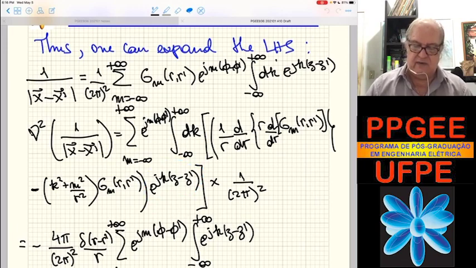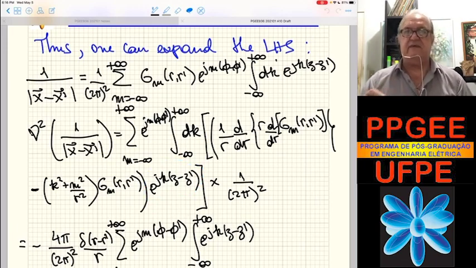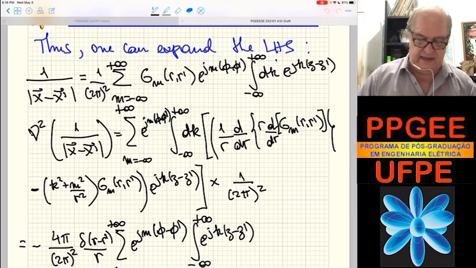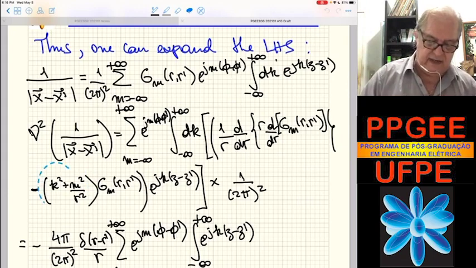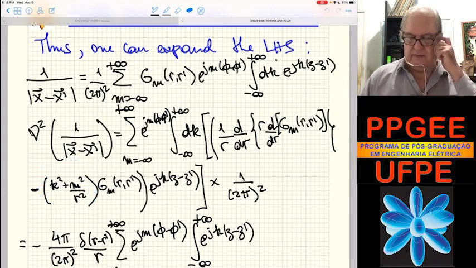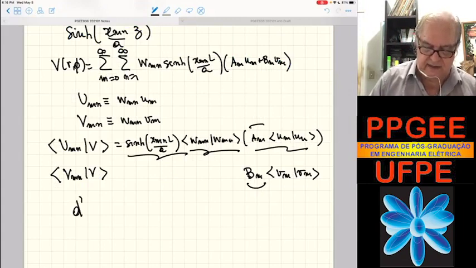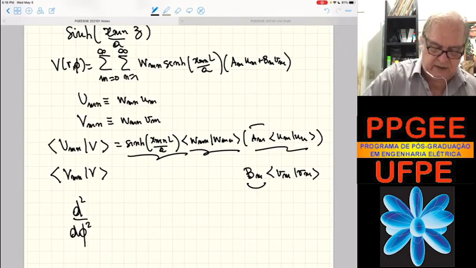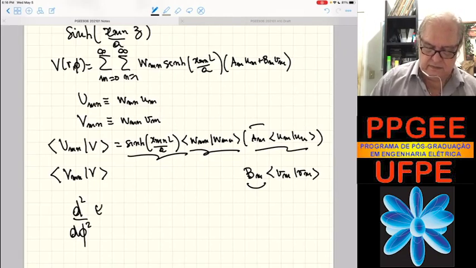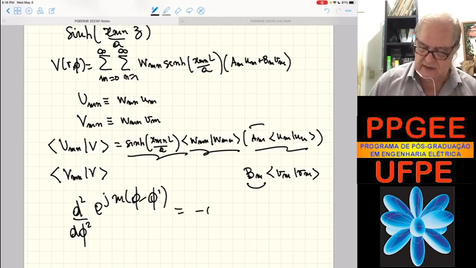And the other derivatives, which are the derivatives relative to r and phi, give these results here, right? You see that the second derivative of the exponential e^{im(phi minus phi prime)} equals minus m squared times the function.